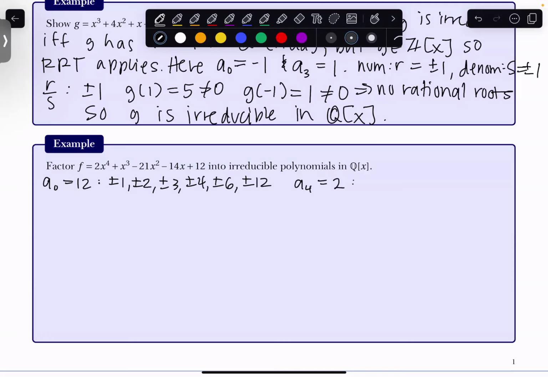So the possibilities here are plus or minus 1 or 2. I want to decide the possible rational roots by taking the factors of my constant and dividing by the factors of the leading coefficient. And again, this isn't telling me that all of these are roots or that any of these are roots, but if I have a rational root, it has to be one of these that we'll write out here.